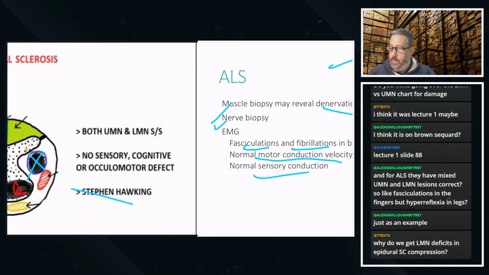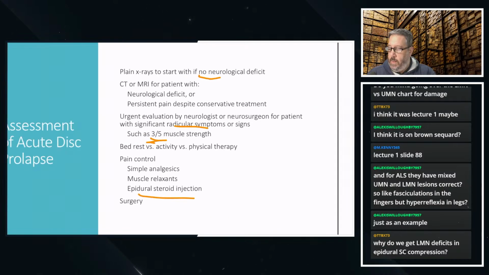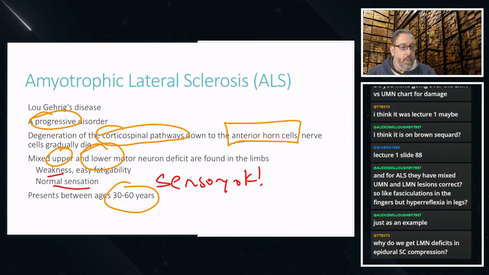That's really all I had for that. Lower motor neuron deficits with an epidural spinal cord compression.